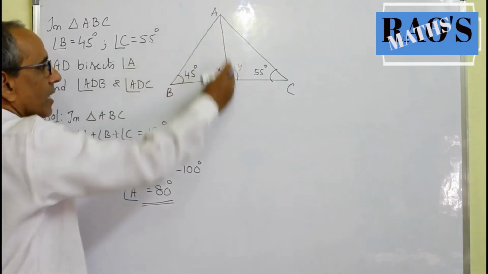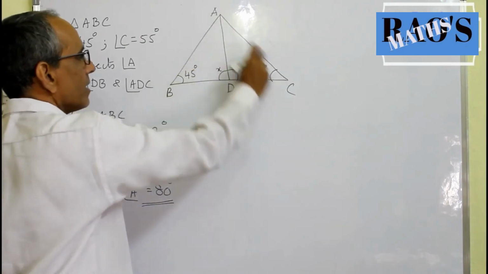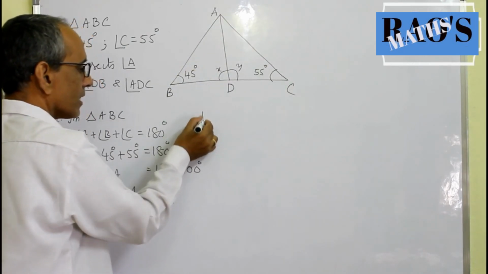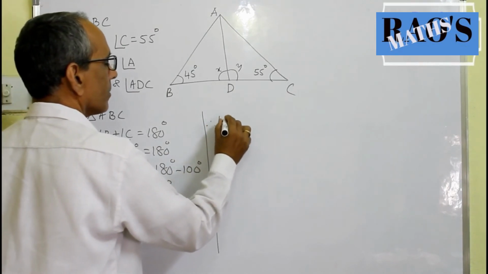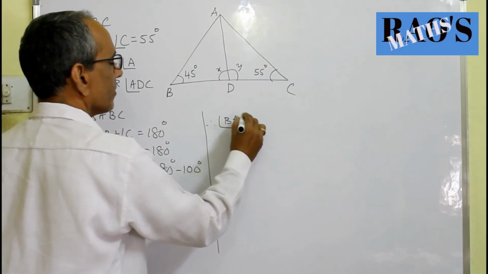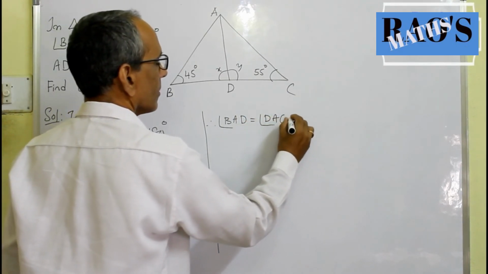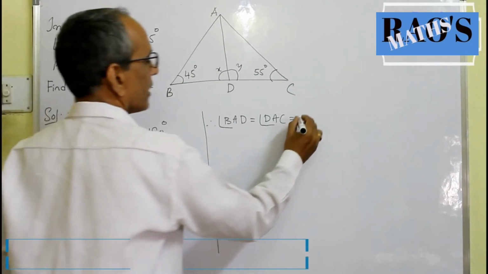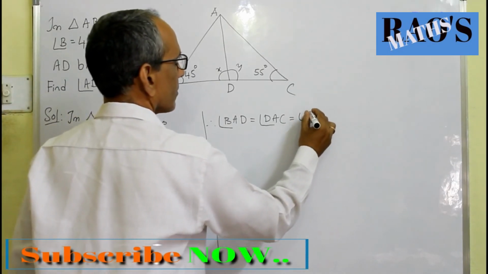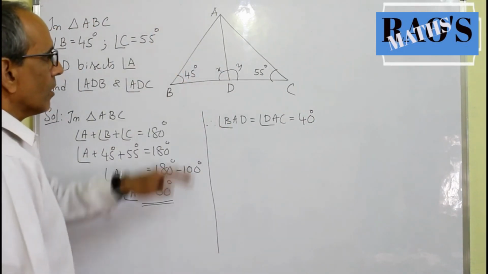Since it's the bisector, angle BAD and DAC are equal. Therefore, angle BAD and angle DAC both are 40 degrees because AD is bisecting the angle A. Now take this triangle.